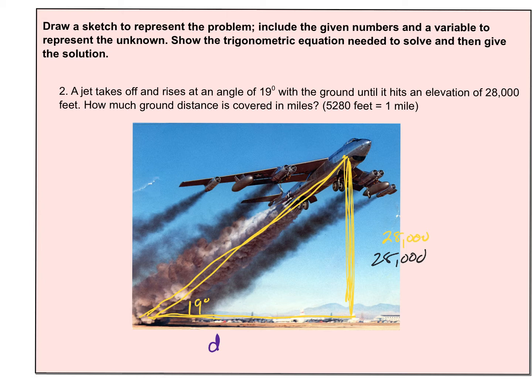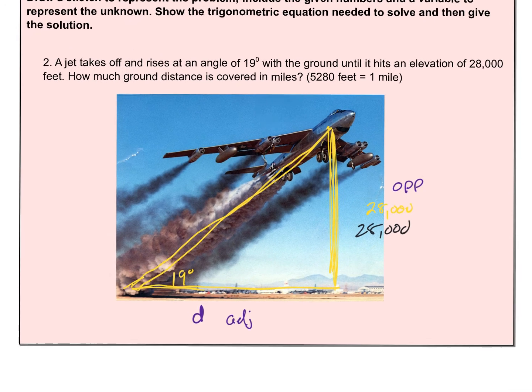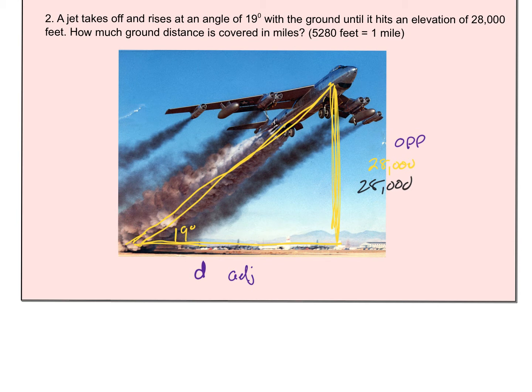Once again, I'm going to use tangent because this is my opposite side and this is my adjacent side. So I take the tangent of 19, which equals 28,000 over my ground distance.